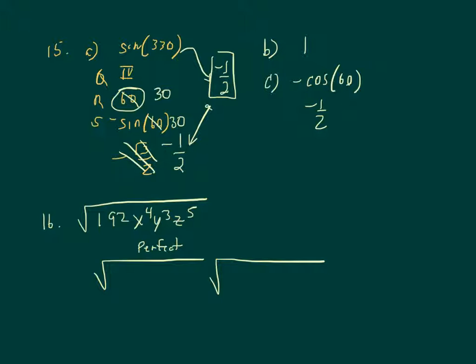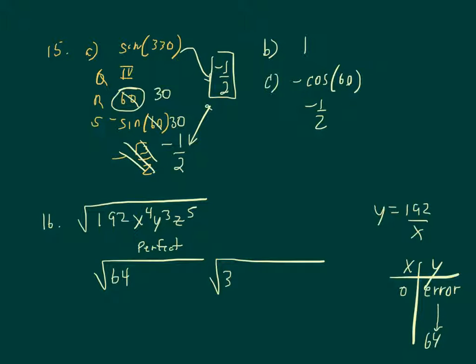And we go to the calculator, we take y equals 192 divided by x, and in our table, we're going to go to where we see error in the y column. That's where x is 0. We go down from error and find our first perfect square. We happen to notice that it's 64, and in the x column here, that would be 3. So 64 is perfect, 3 is not.